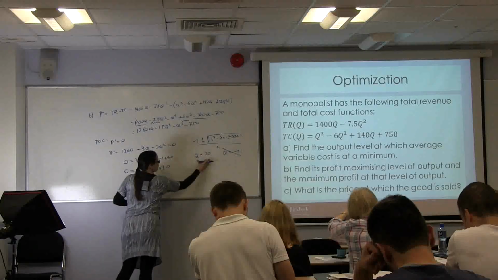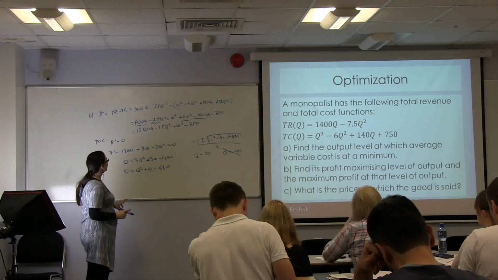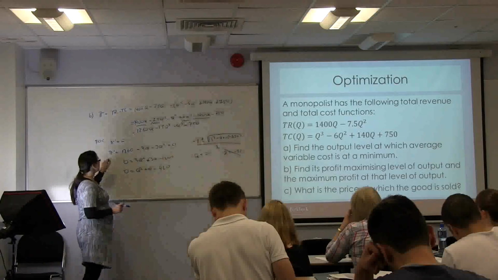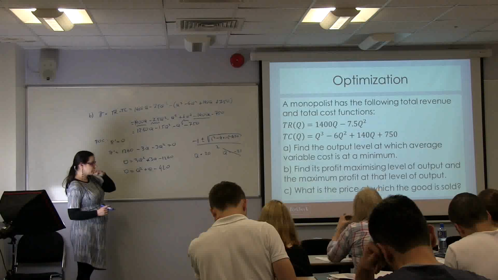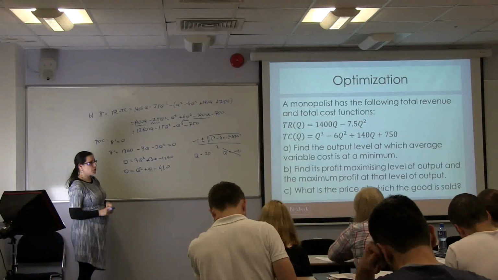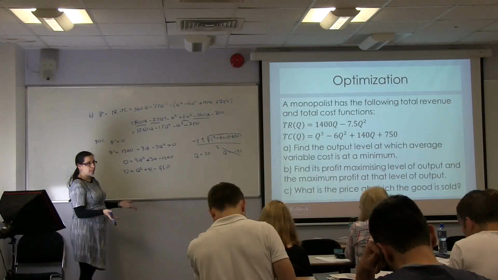So luckily, I only need to deal with Q equals 20. But that is my possibility for the maximum, the profit maximizing level of output, but I need to double check because I could have ended up with a minimum here.